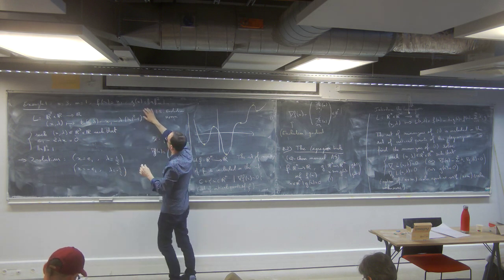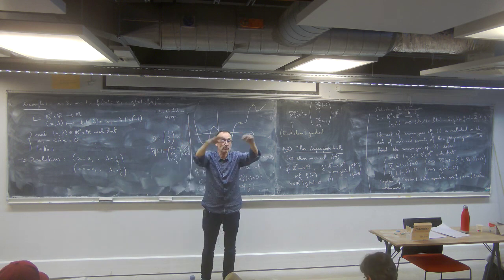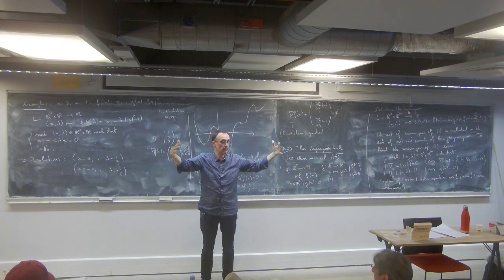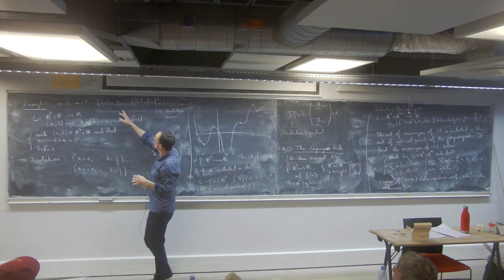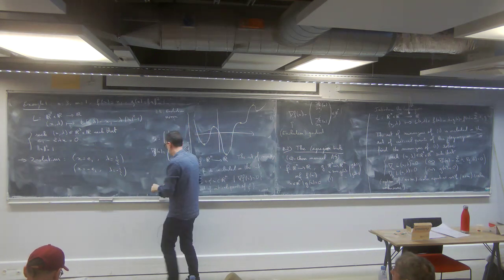In fact, so this is what? The set of G such that G of x is 0 is simply the unit sphere. Okay, that's the unit sphere. And you are minimizing the first coordinate over the unit sphere. So what do you get?